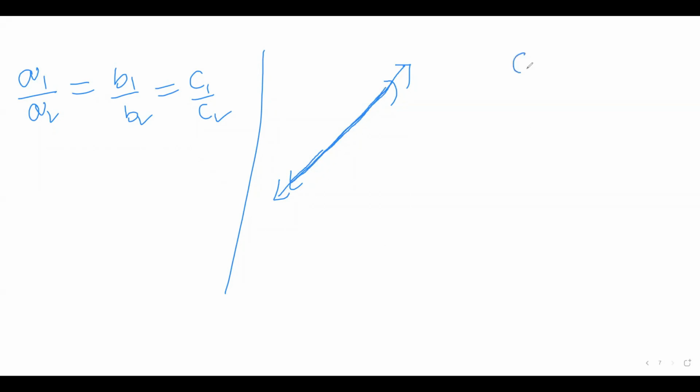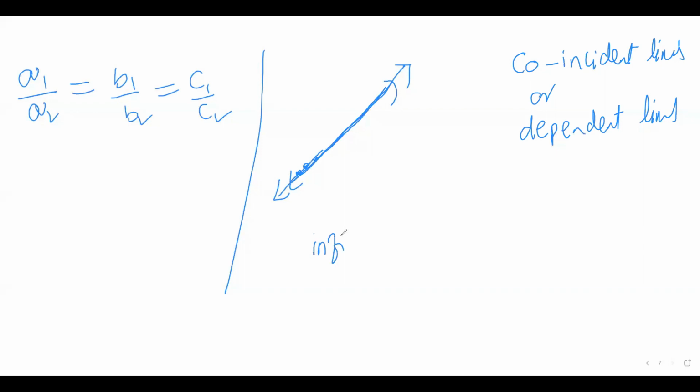So they are called coincident lines, and they are also called dependent lines. Every point is a solution, so they give infinitely many solutions.